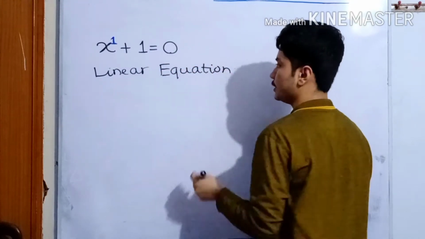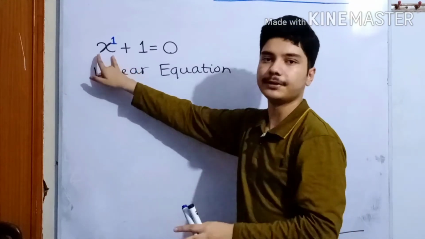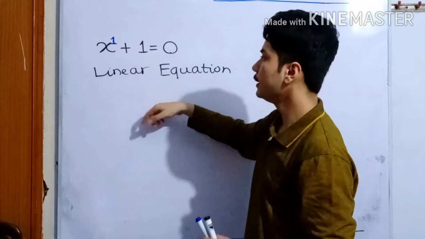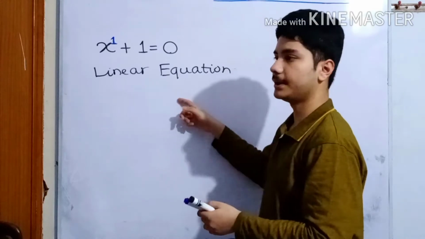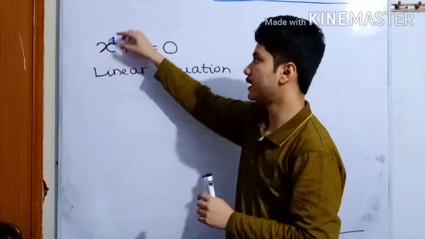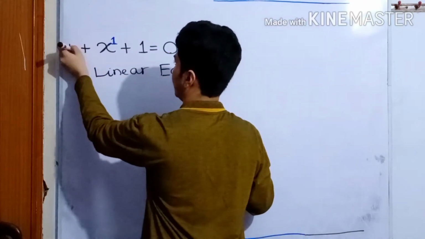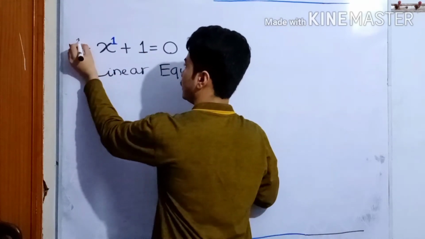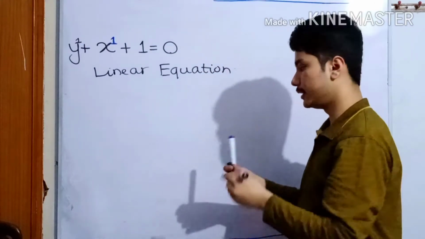A linear equation may have a single variable or many variables, but the thing it must satisfy is that the variable must have the highest power of 1. If I write y plus x plus 1, as you can see, there are only single powers of y and x, so this equation is also called a linear equation.